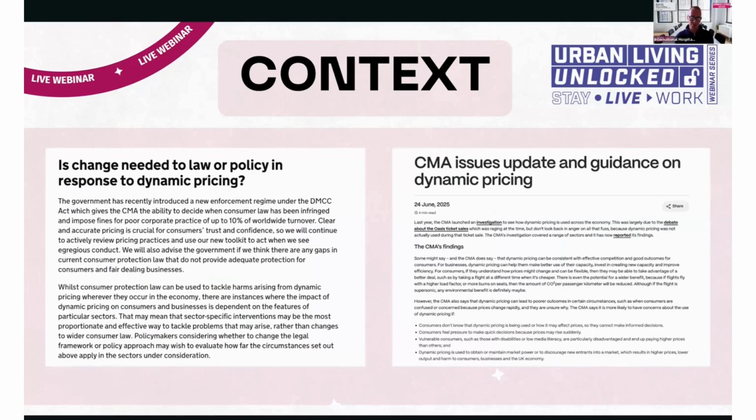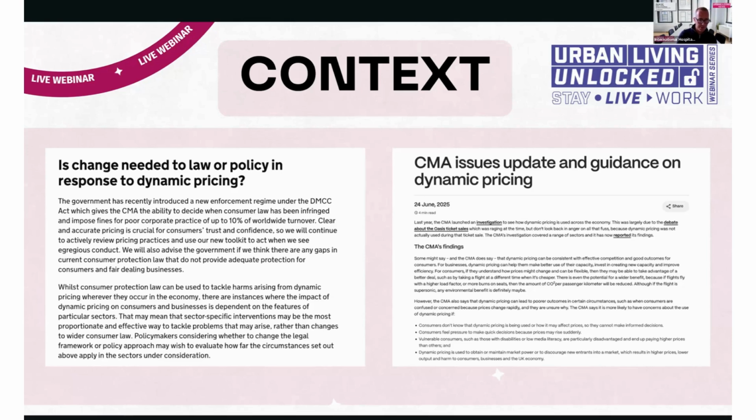the CMA, which is the competition authority here in the UK, has been looking at dynamic pricing in general, and I just think it's worth picking out one bit from the slide on the left here, which is that their conclusion was that they're not going to apply any kind of knee-jerk blanket reaction to the situation.